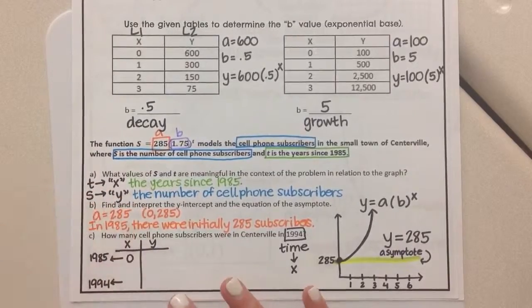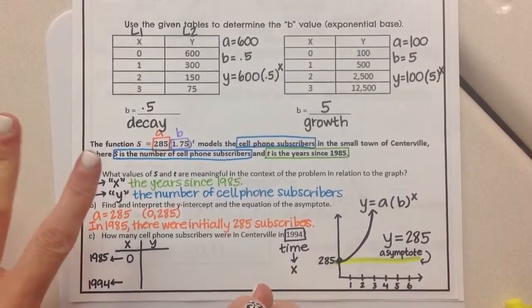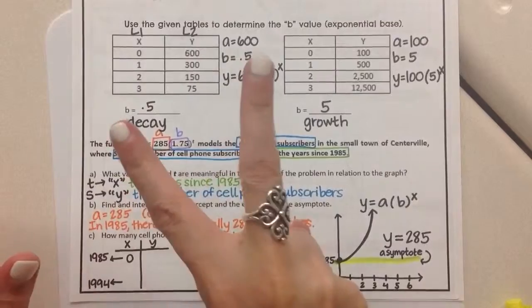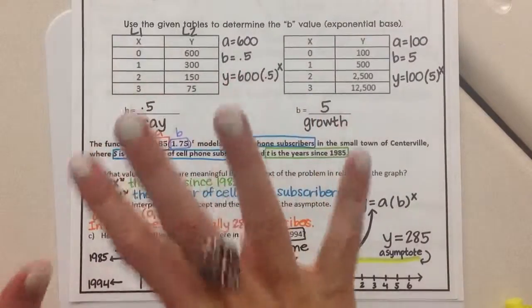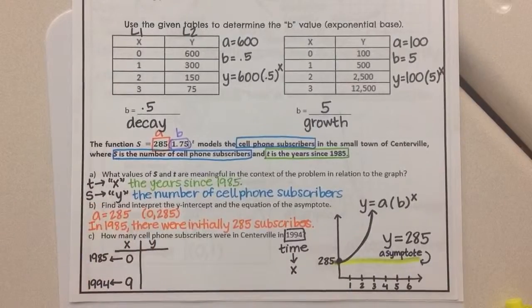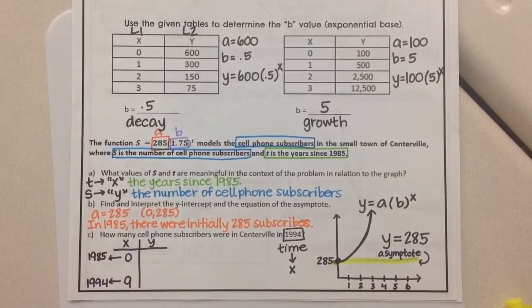So I don't want to go all the way down to 1,994. So I've got to see, if I use 0 to represent 1985, what number of x would represent 1994? So you've got 1986, 1987, 1988, 89, 90, 91, 92, 93, 94. So it takes 9 years for time to get to 1994. In 1994, it has been 9 years since 1985.